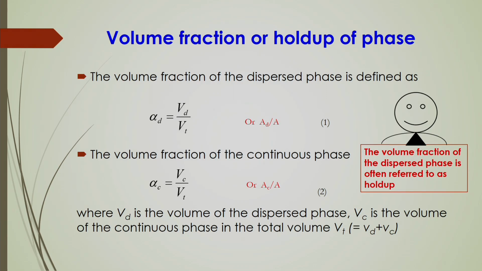Now, the volume fraction or hold up of the phase is one of the important hydrodynamic characteristics, because it governs the mass transfer and heat transfer phenomena. If you increase the hold up or volume fraction of a particular phase in the system, you will see an increase of interfacial area. If you increase the gas hold up, say for a gas liquid mixture in the downflow system, then the specific interfacial area is directly related to that gas hold up.